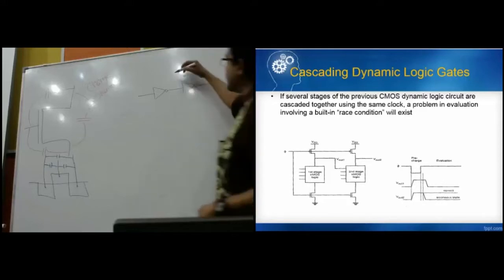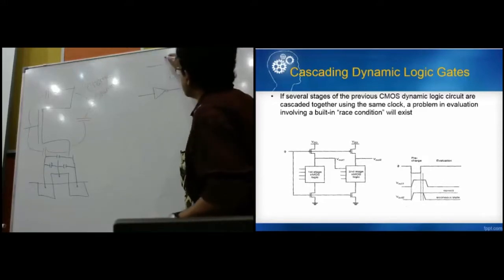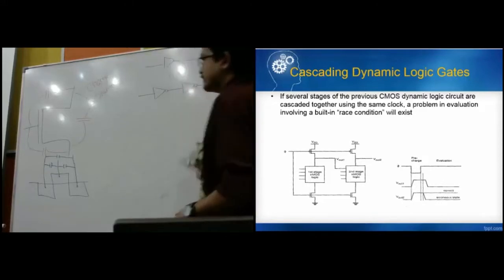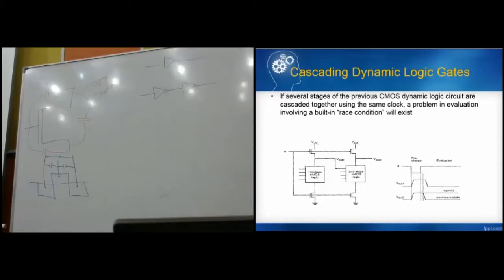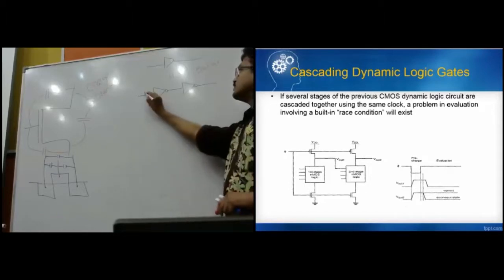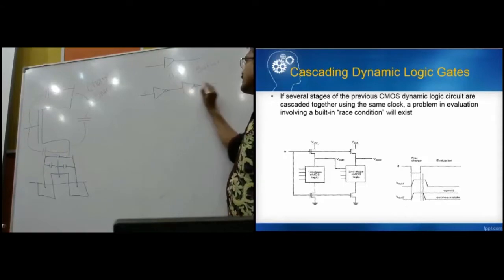The symbol dia adalah ni. Okay, this is called a buffer. Okay, mengapa dinamakan buffer? Kalau katakan logik di sini adalah kosong, ini apa? Ini.